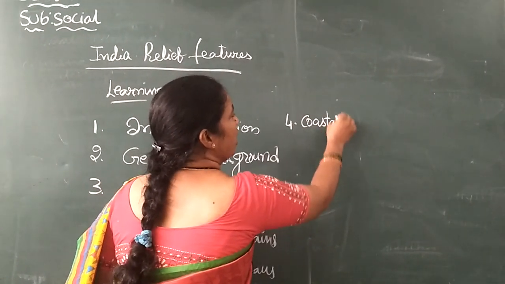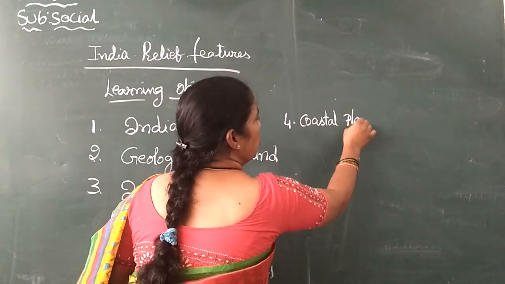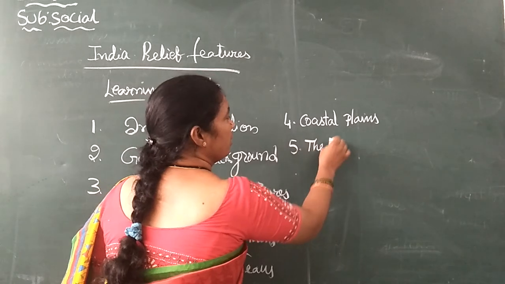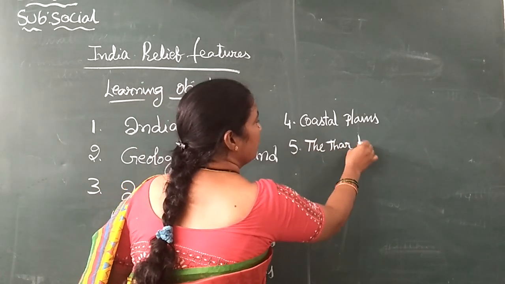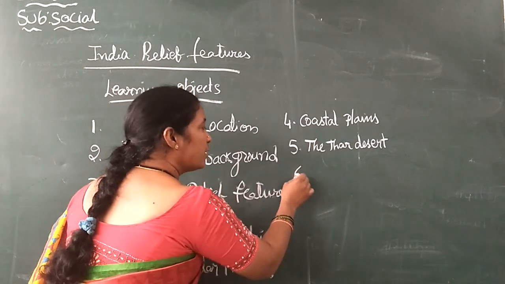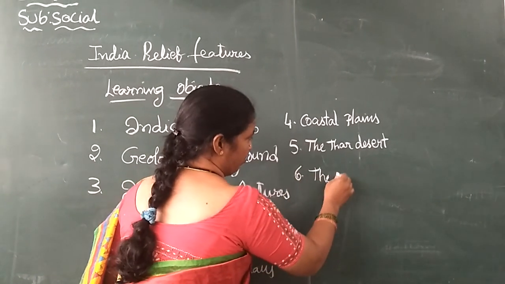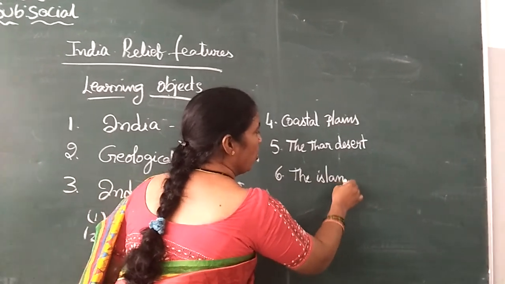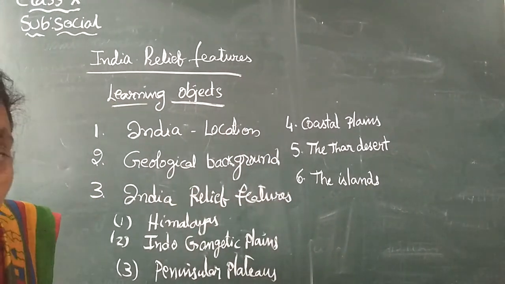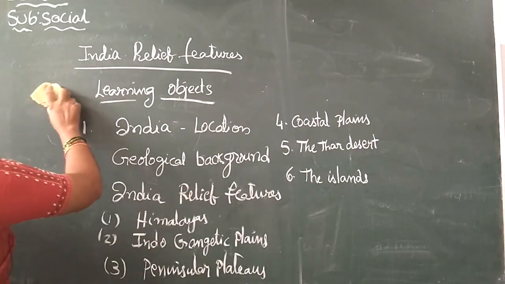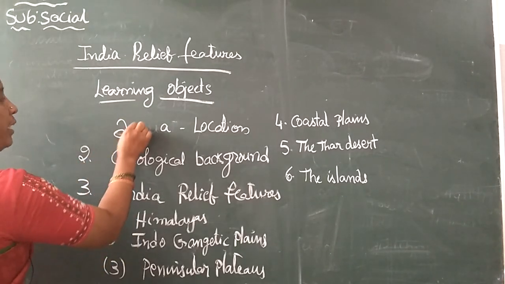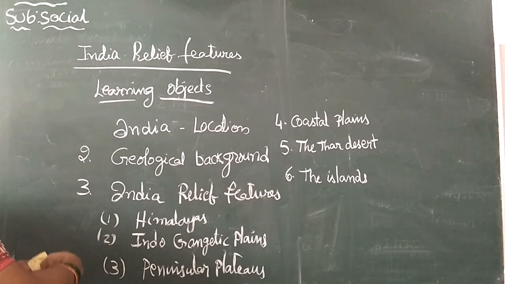We have long coastal plains in India. Next, the Thar Desert, or we can call it the Indian Great Desert. And the sixth one is the islands. Like this, there are 6 Indian relief features. If you want, you can note it down. And next, we'll go into detail about India and its location. Okay?